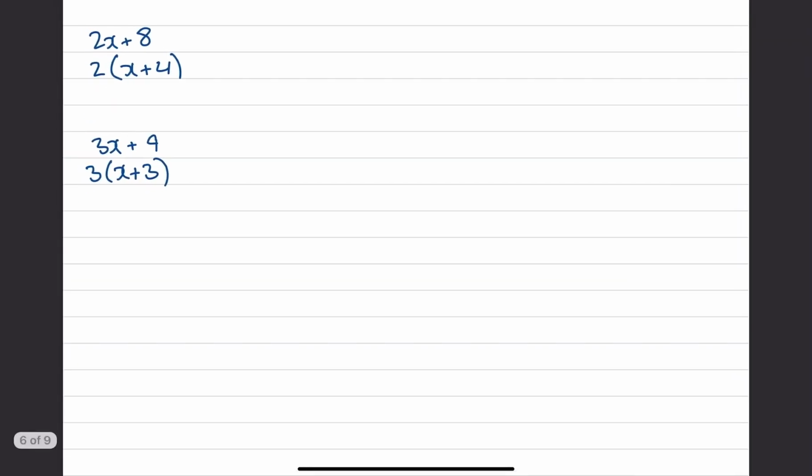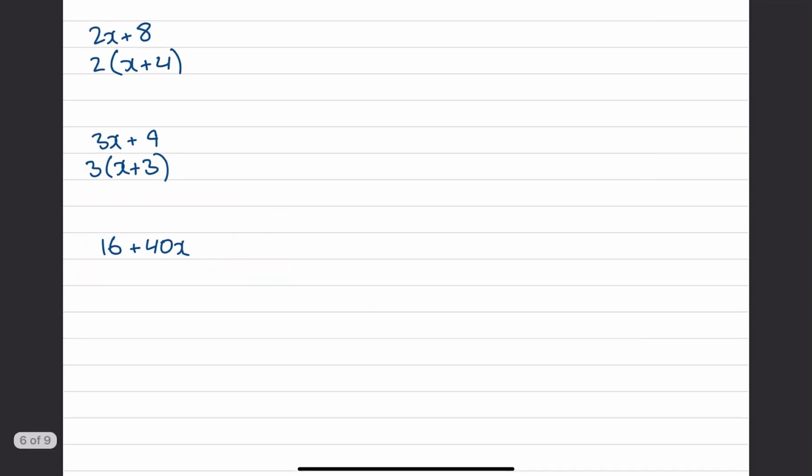Now let's take a larger example. What about 16 plus 40x? Now, what is the largest common factor that both of these have? There are several factors that they have in common, including 2, 4, and 8.